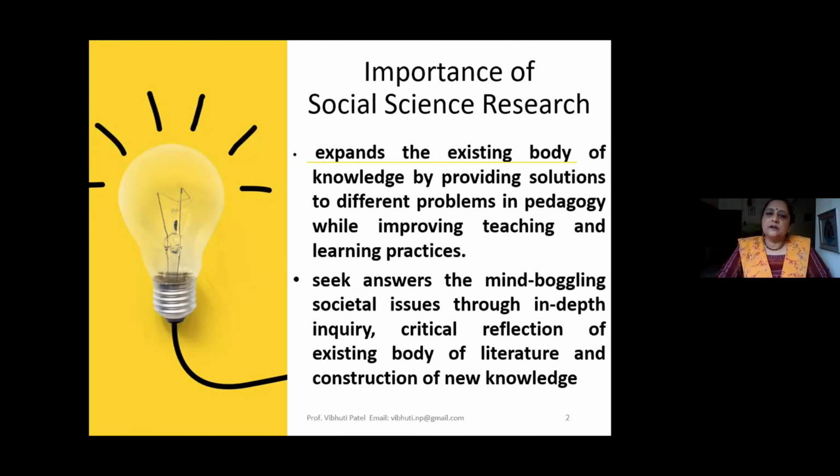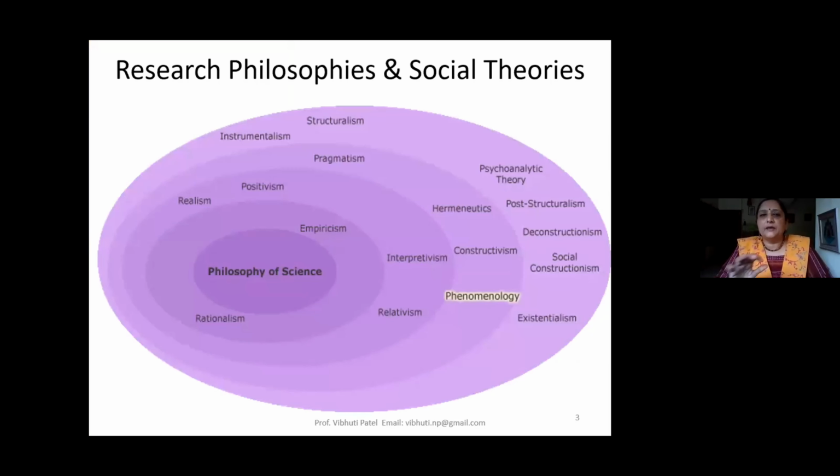So the construction of new knowledge is very, very important in social science research. That's why, first of all, we need to have a factual understanding of the issue. You need a very high level of motivation, but you also need a philosophical understanding of what kind of theoretical framework, what kind of philosophical bent of mind you have, and how you are going to use the analytical tools and analytical vision.